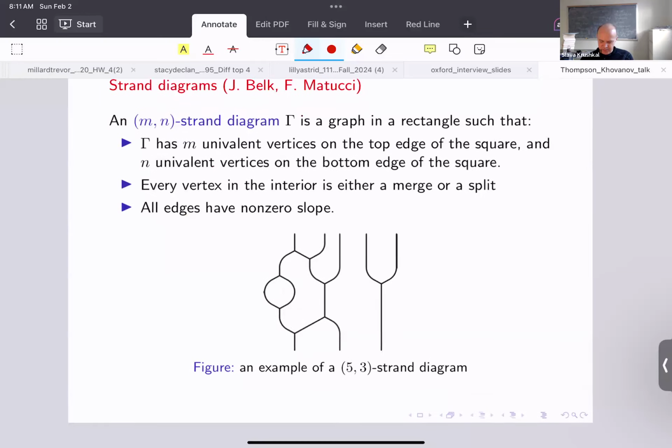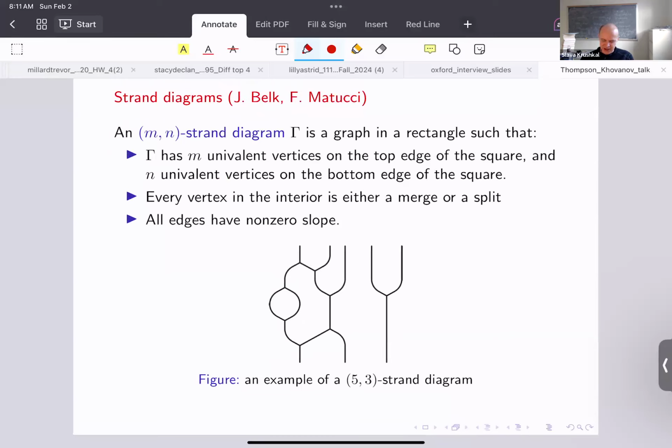What we have here is an M,N strand diagram where we have M endpoints on the top of a rectangle, N endpoints at the bottom of the rectangle, and then each point in the interior. I did not draw a rectangle here, but it's to be imagined. Each point in the interior of the rectangle is either a split or a merge.